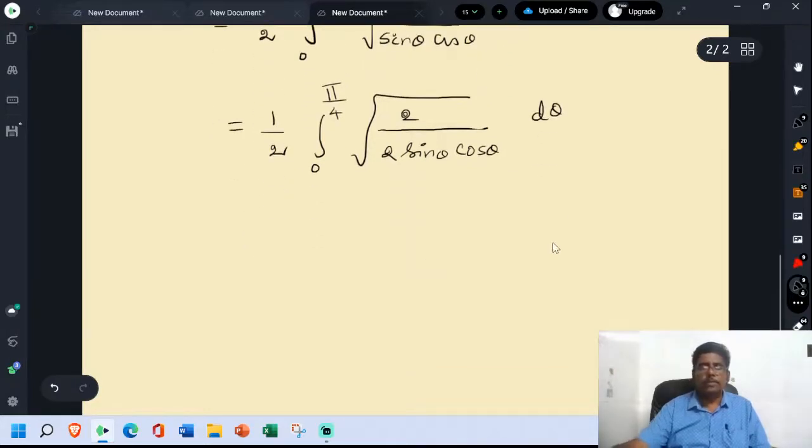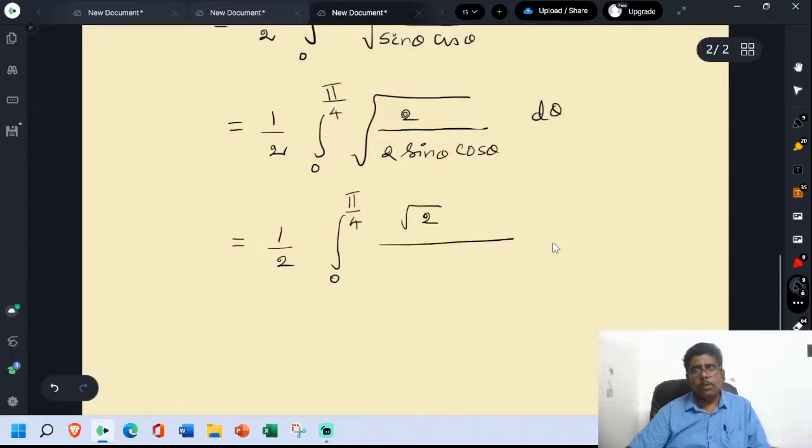So this is equal to 1 by 2, limit varying from 0 to pi by 4, root 2 divided by square root of sin 2 theta into d theta, because 2 sin theta cos theta equal to sin 2 theta.